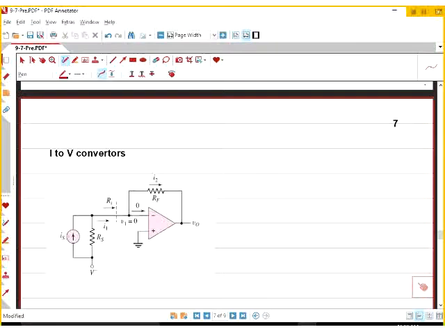Next application using the op-amp is current to voltage converter. So for the current to voltage converter, the goal is we want to convert that IF here into a voltage.